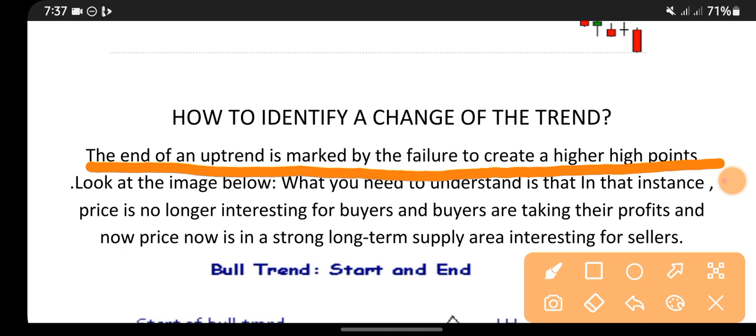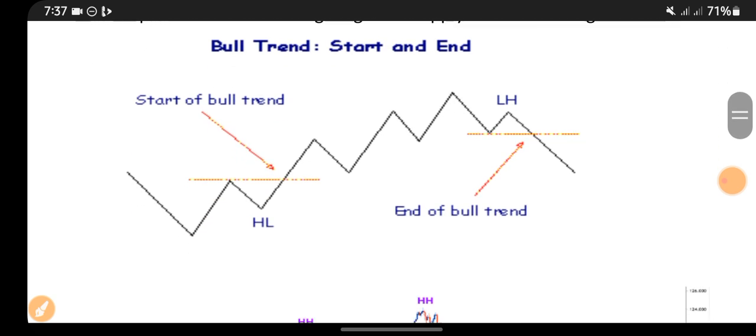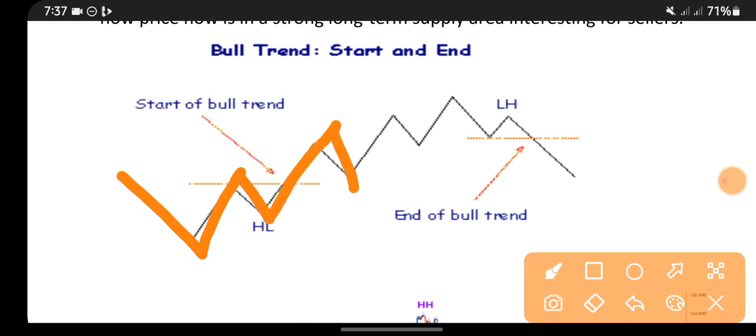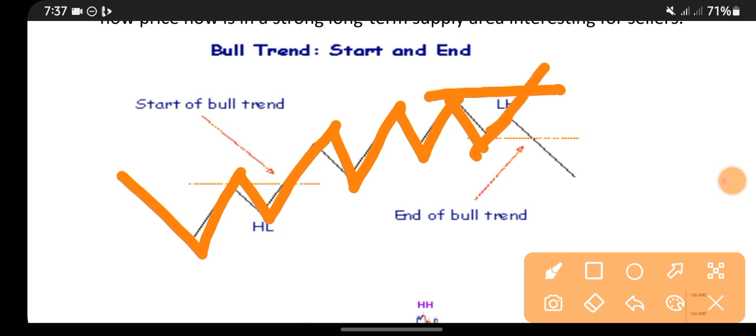When you look at the image below, you see that this was an uptrend. Series of higher highs, higher lows, higher highs. But then when this higher low was made, it wasn't able to make another higher high. It wasn't able to break this to continue with the trend.